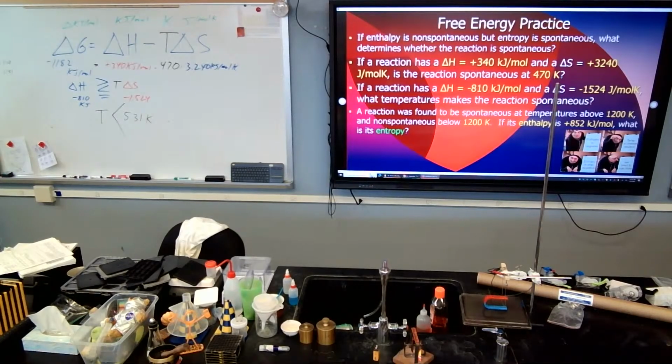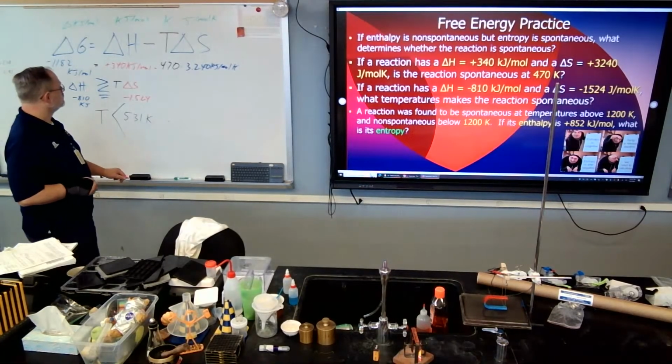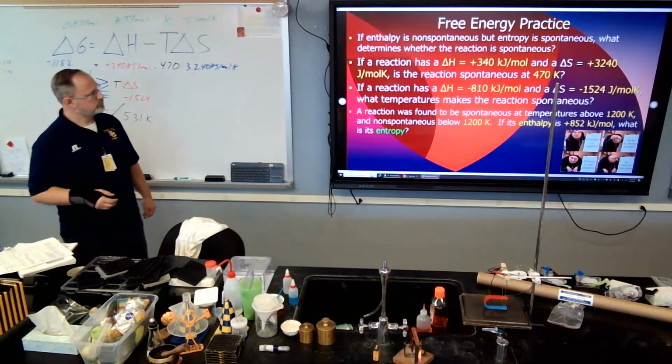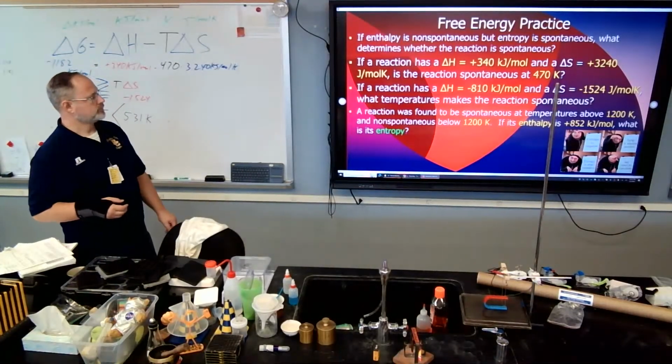Wait, doesn't that mean that the entropy could be a bunch of different numbers too? No. It's telling you that the cutoff is exactly 1200. Oh, okay. Maybe it's 0.7. I got 1,400. I don't know what I did.